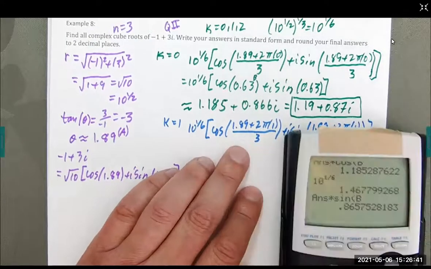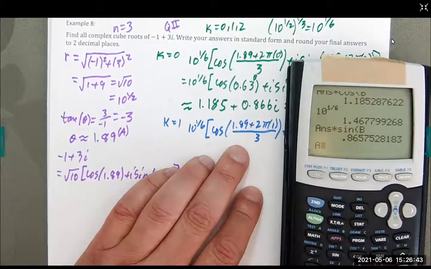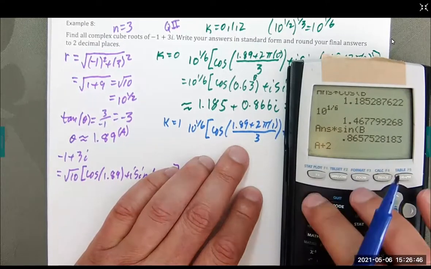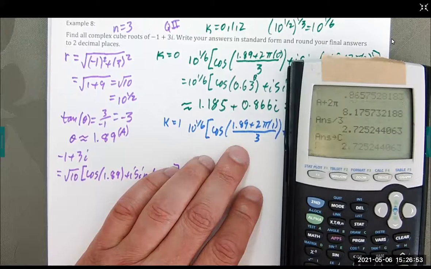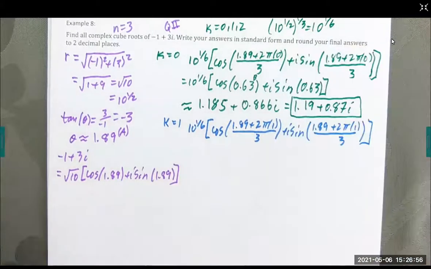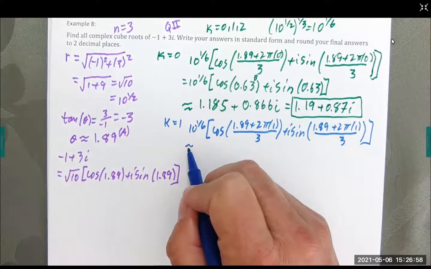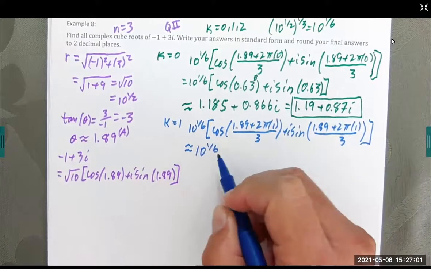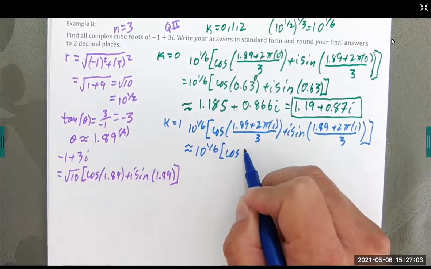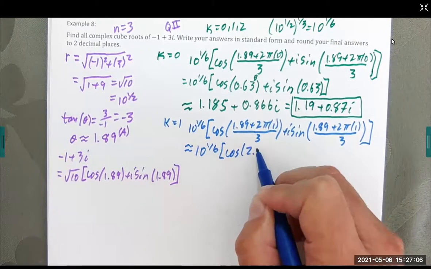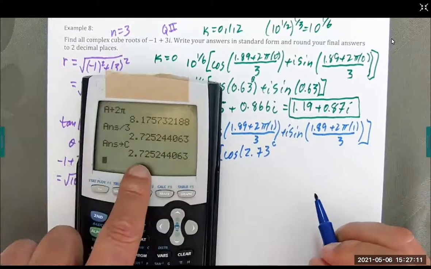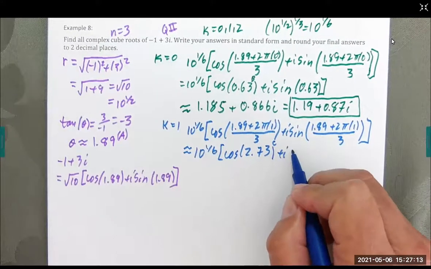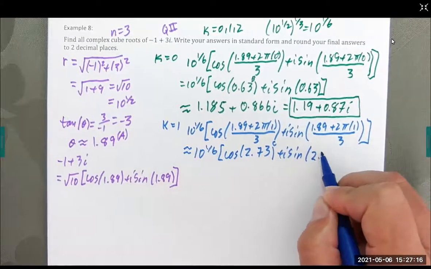So I'm going to take A plus 2 pi divided by 3. I'm going to store that as C. Let's see, 2.73 rounded off, plus i sine 2.73.